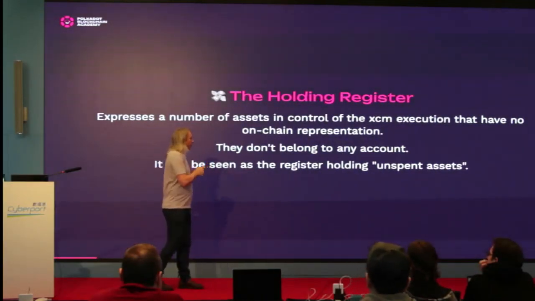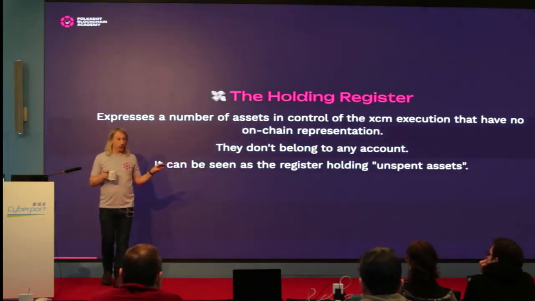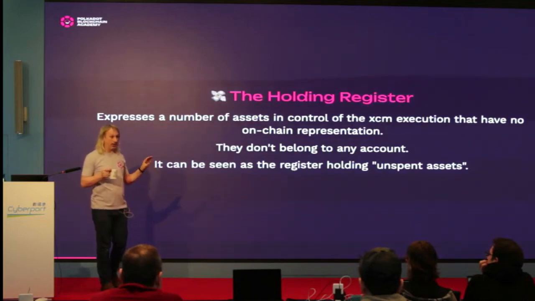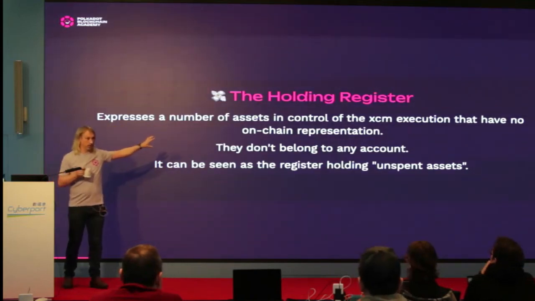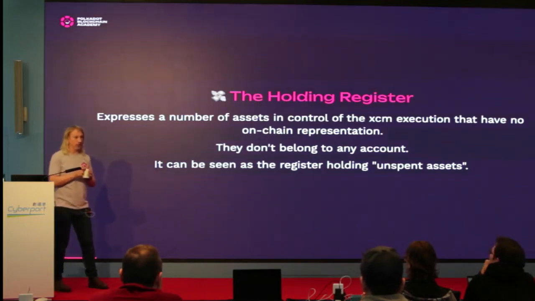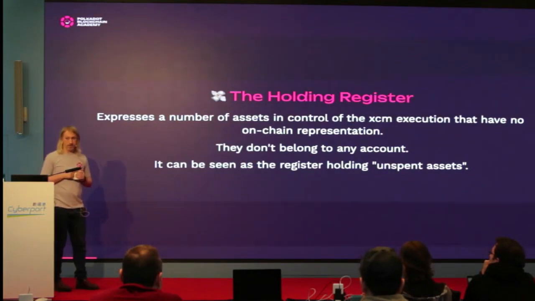But while an asset is in the holding register, it is not being tracked on-chain in any way at all. This is a purely ephemeral thing. The holding register exists only as long as the program executes. Clear on that?